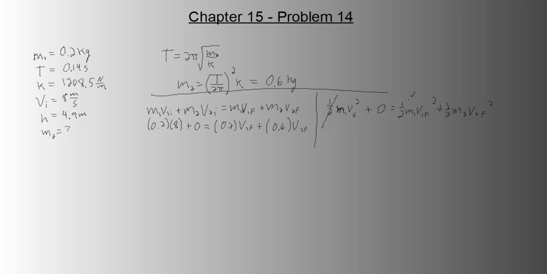Halves cancel, so we got 0.2 times 8 squared equals 0.2 v1f squared plus 0.6 v2f squared. So at this point it's algebra, and I'm going to skip all that.